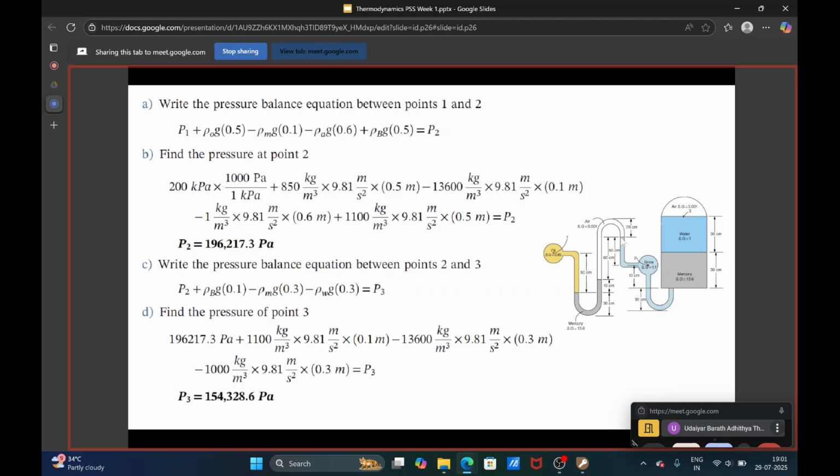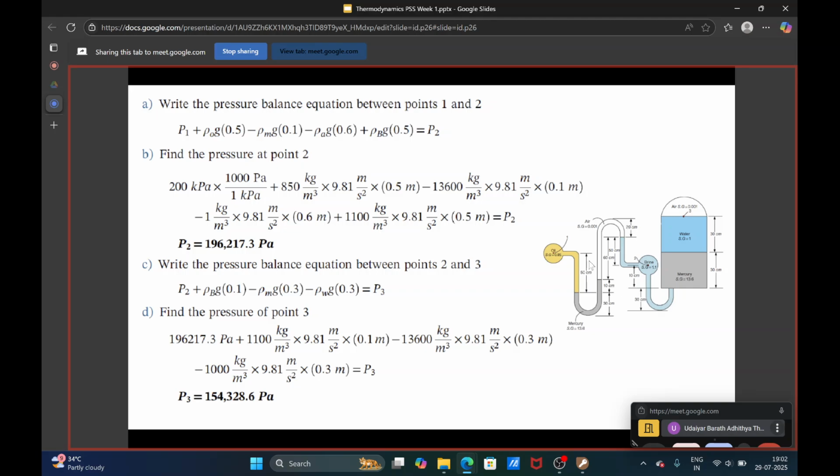Then the air at the start of the brine will be equal to the same height on the left side. So minus rho of air into g into 0.6, minus rho of mercury into g into 0.1. You have to rearrange, and you will get this equation here.